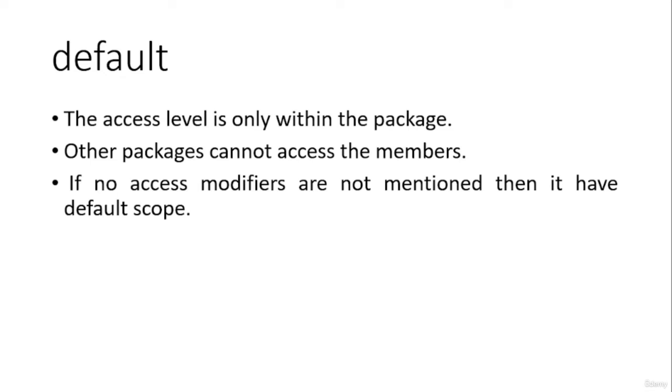So if you have a default class or default field, it is accessible throughout the package and within the class, but outside the package you cannot access a default member. So that is about default.